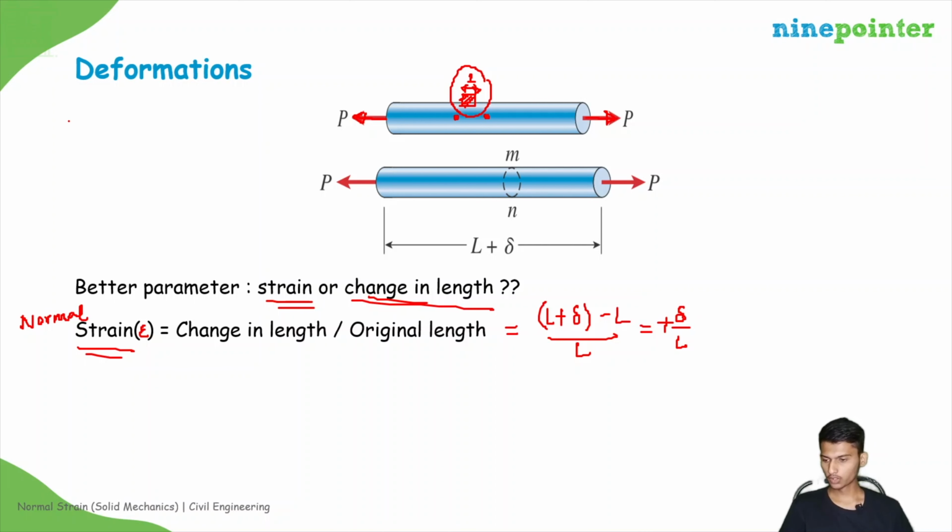How? If you consider 1 unit blocks, these all are 1 unit blocks. You apply a tensile load P. Here there are 5 unit blocks, so its length will be 5, right? Let us take 7 units.